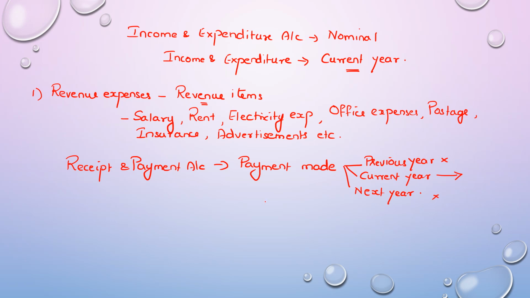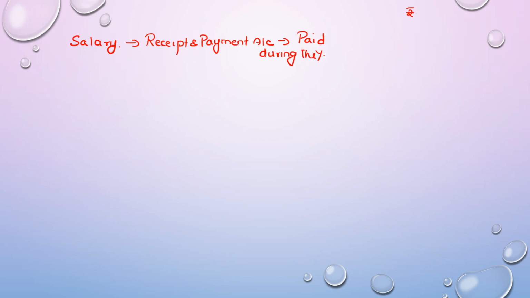Now, moving further, let us find out how we calculate. We'll take the example of salary. When we start, we start with the amount from the receipt and payment account. From there, we get the amount related to salary paid during the year. That would always be our starting point. We would write that amount, and now we will do the adjustments.